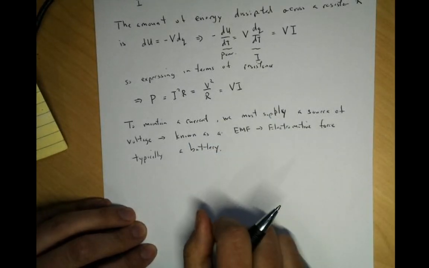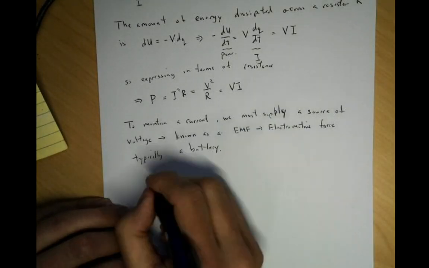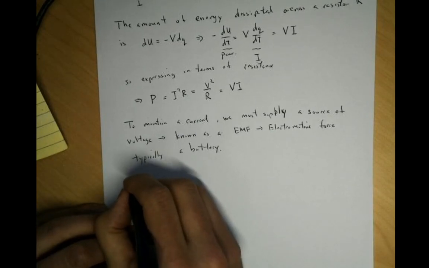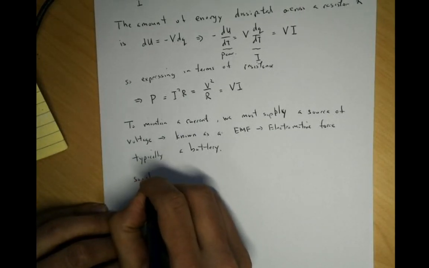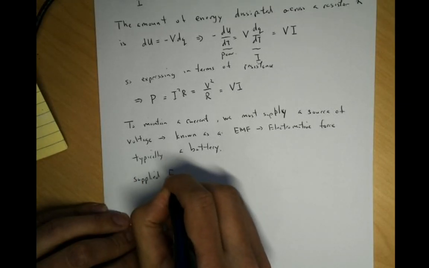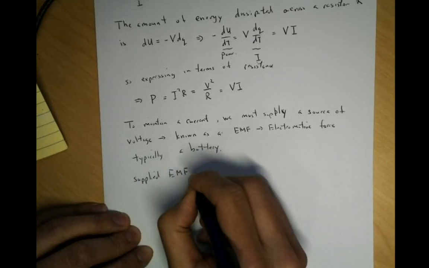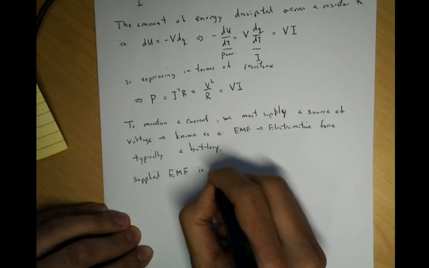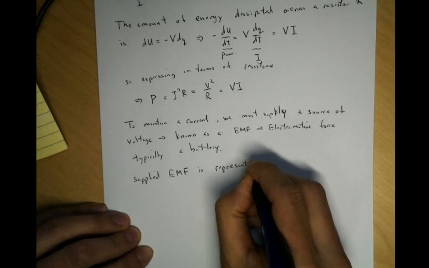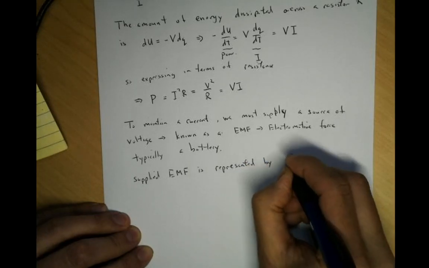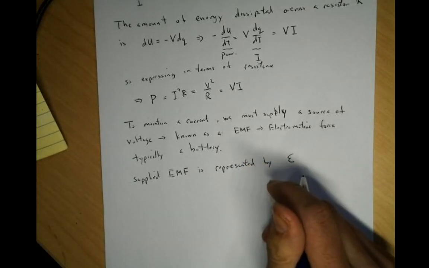This supply EMF is represented by epsilon. That's basically the symbol epsilon.